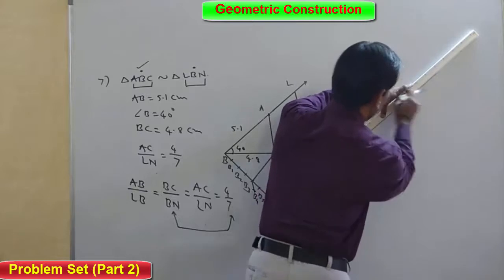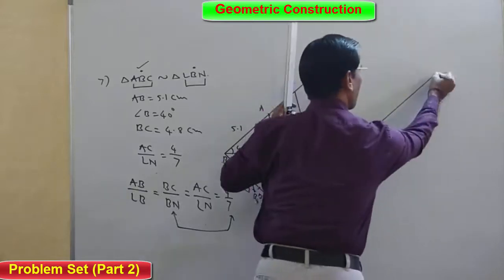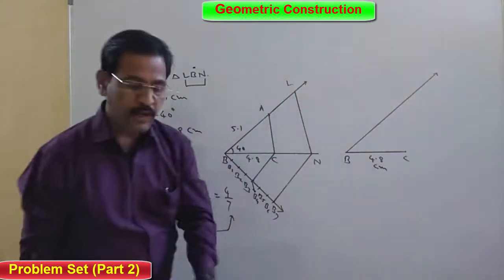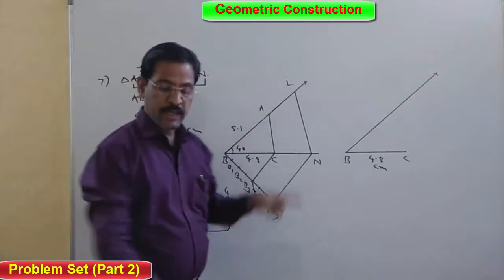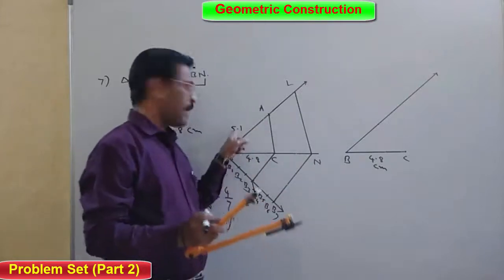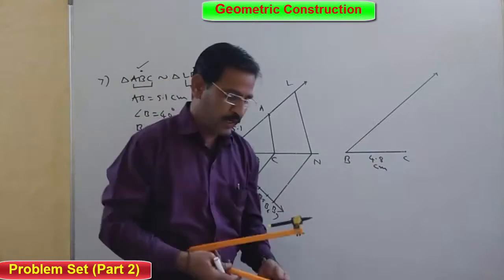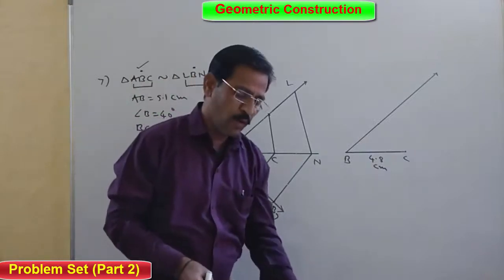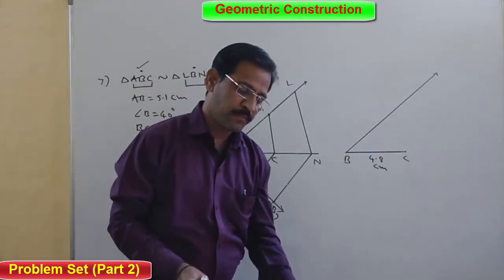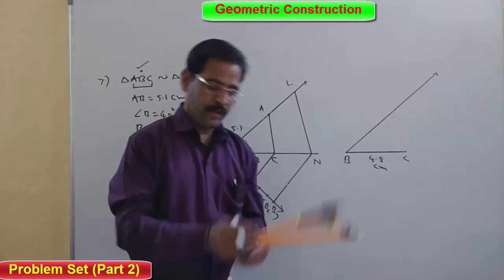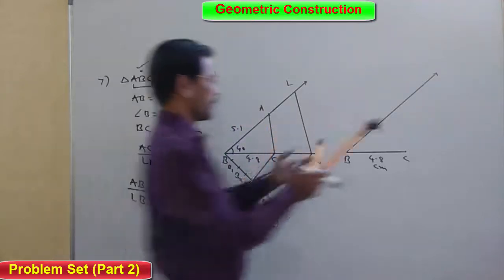We need that afterwards. Okay, now on that one we have to take BA. So A we have to take 5.1 centimeter. Again on the scale we have to take the distance 5.1 here. Okay, very carefully friends.